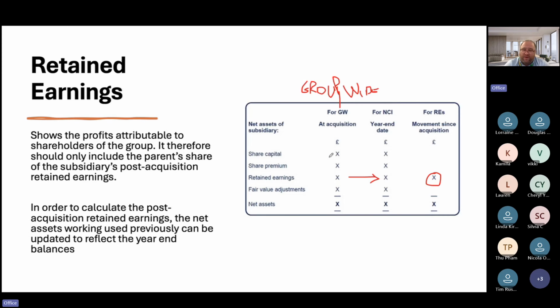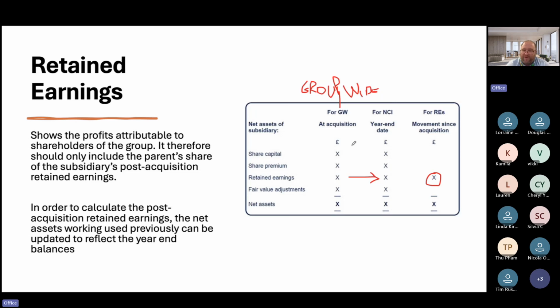Not to say that these numbers couldn't change. They absolutely could, but it's unlikely they will on an AAT question. It's likely just to be that retained earnings has shifted. But you need to be able to calculate the post-acquisition retained earnings, which is the key bit you're looking at here.